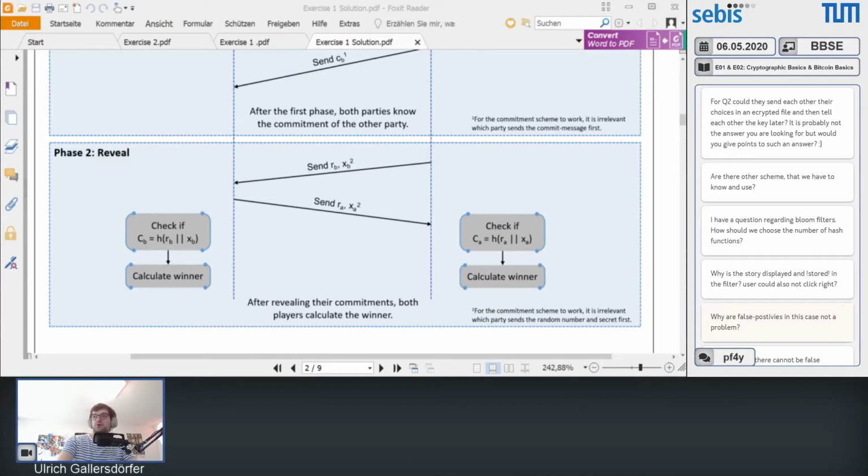For Q2, could they send each other their choices in an encrypted file and then tell each other the key later? It is probably not the answer you're looking for, but would you give points to such an answer? So that's obviously a correct answer, because you can also encrypt data and later on reveal the key. But the idea here is really to use what we introduced in the lecture.